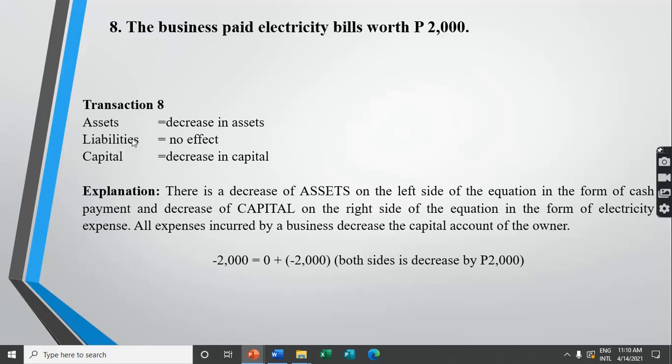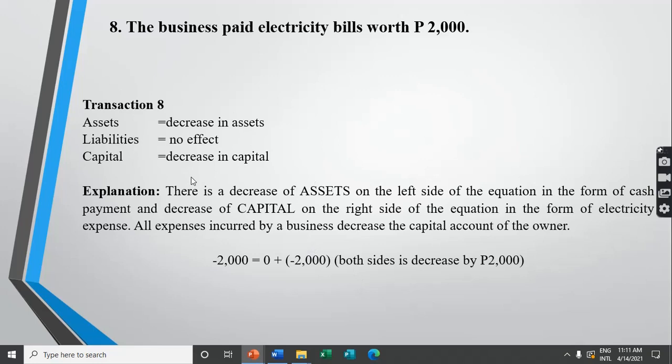So, dito sa asset, decrease in asset. Liabilities, wala siyang effect. Sa capital naman, wala din siyang effect. Ay, wala. I'm sorry, nag-decrease siya, nag-decrease din siya sa capital.